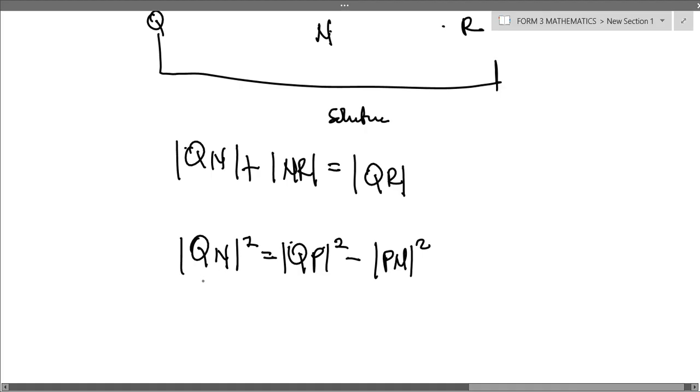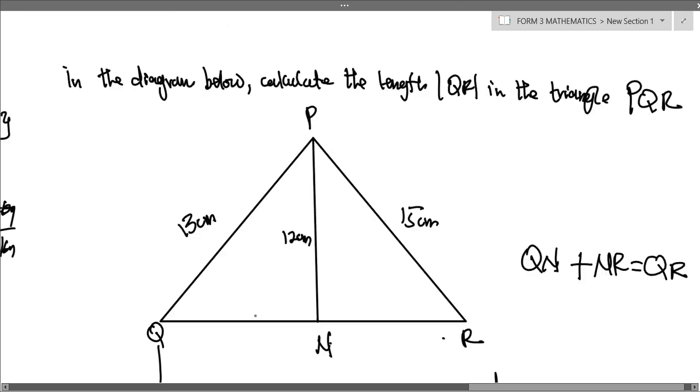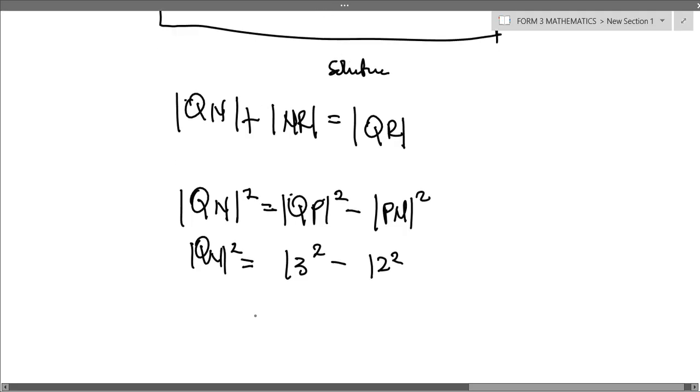So QN squared will be equal to QP, which is 13. So 13 squared minus 12 squared. So what are we going to get? QN squared equals 169 minus 144.